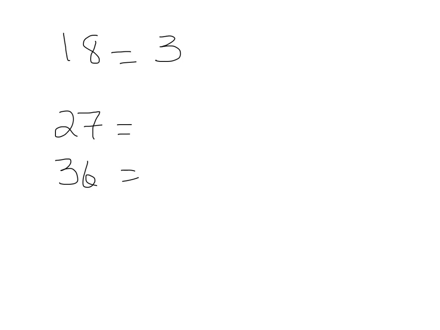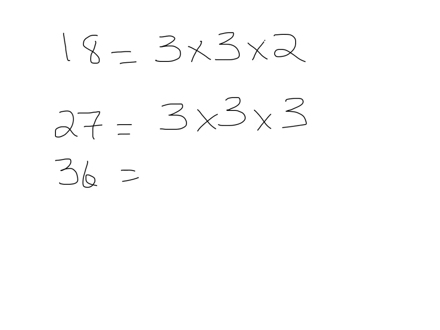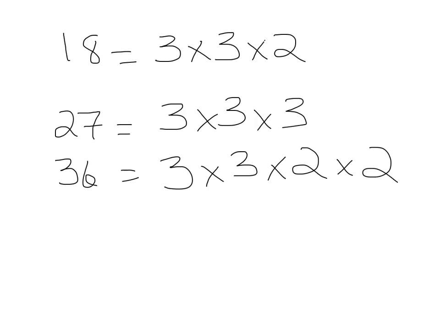Let's look at those factors another way. So we have 18, 27, and 36. Their factors are 3 times 3 times 2, 3 times 3 times 3, and 3 times 3 times 2 times 2.